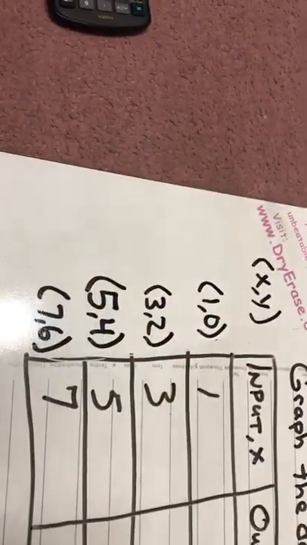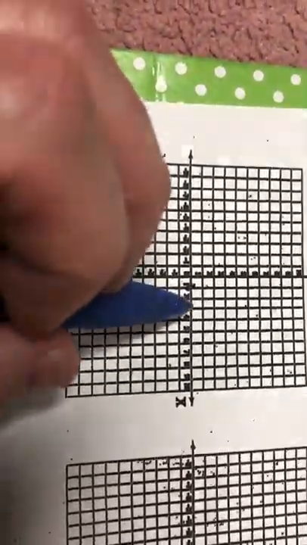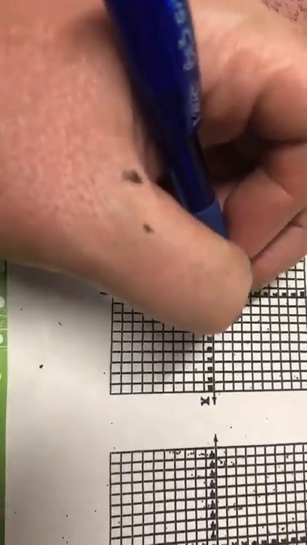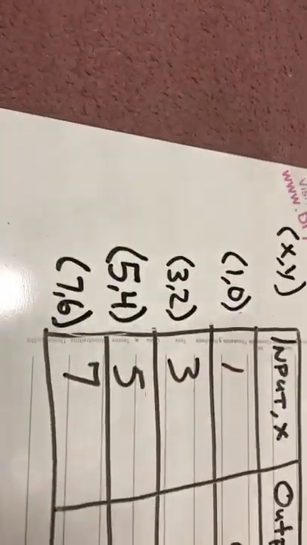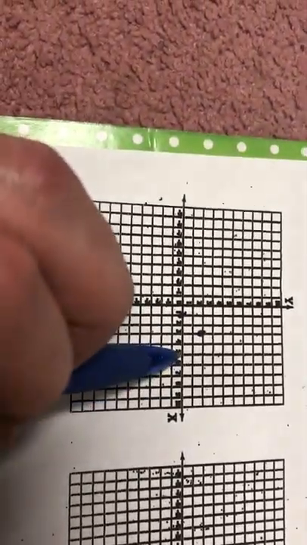My next ordered pair is 3, 2. Okay? So I'm going to go over 3, and I'm going to go up 2, and my next point is going to go right there. My next ordered pair is 5, 4. So I'm going to go to my graph. I'm going to go over 5.